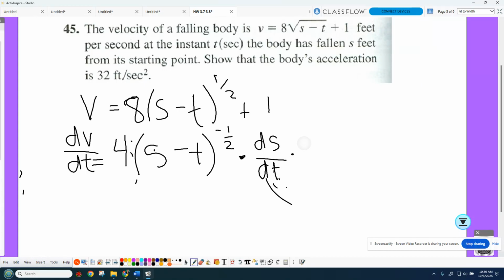So multiply by the power, lower the power. And then she's got to do the derivative of the stuff inside, which is ds/dt minus 1, and then the derivative of that plus 1 went away, so this ends up being like this.